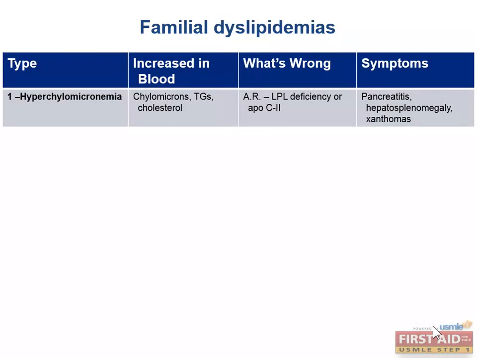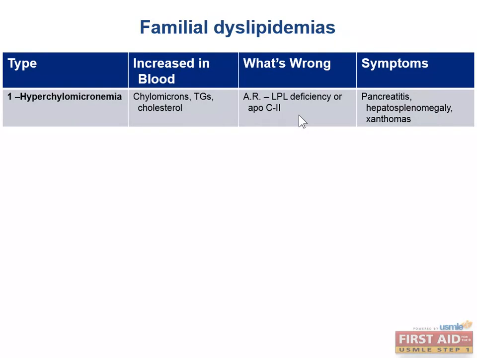Type 1 dyslipidemia, also known as hyperchylomicronemia, is defined as an increase in chylomicron levels. This results in elevated levels of triglyceride and cholesterol in the blood, although it mostly affects the triglycerides. Hyperchylomicronemia is caused by an autosomal recessive deficiency in lipoprotein lipase, or a defective ApoC2, which is the cofactor needed for lipoprotein lipase.